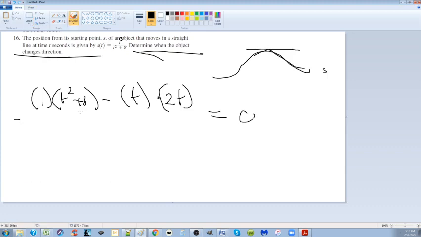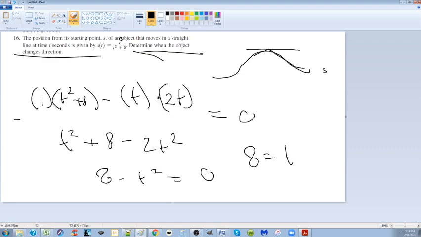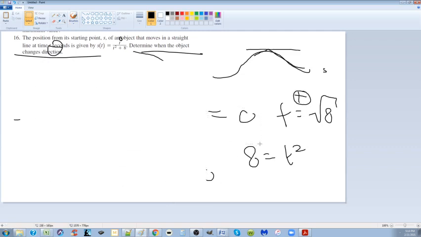Okay, so only the top, we get t squared plus 8 minus 2t squared. So we get 8 minus t squared is equal to 0. So that means 8 is equal to t squared, which means when time in seconds is equal to the square root of 8, even though it's plus or minus, we only care about the plus, that's when this changes directions.